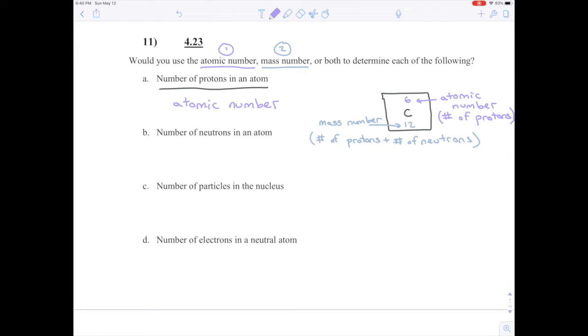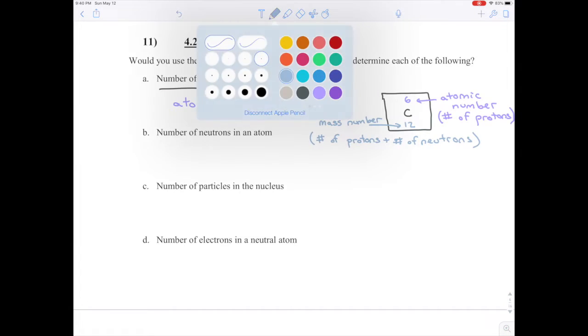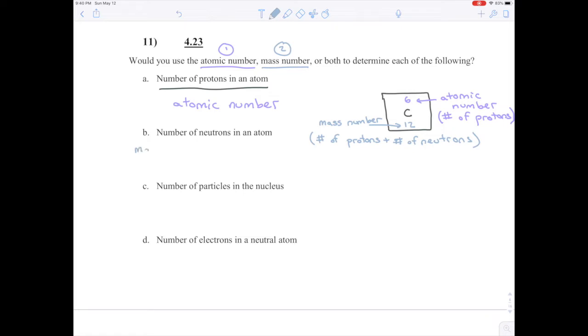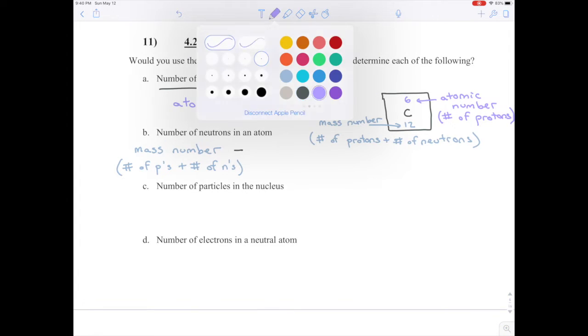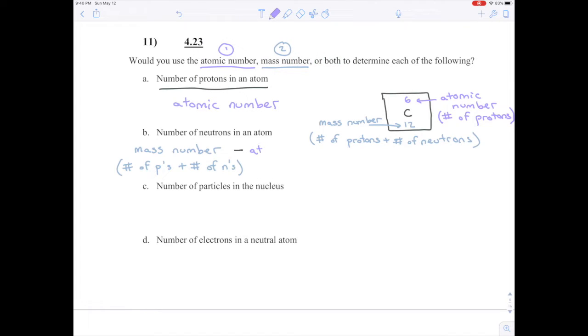For B, it says the number of neutrons in an atom. Well, neither of these numbers is just the number of neutrons. But what you can do is you can take the mass number, and remember the mass number is the number of protons, I'll just use P here, plus the number of neutrons, I'll just use N. You can take the mass number and you can subtract the atomic number.